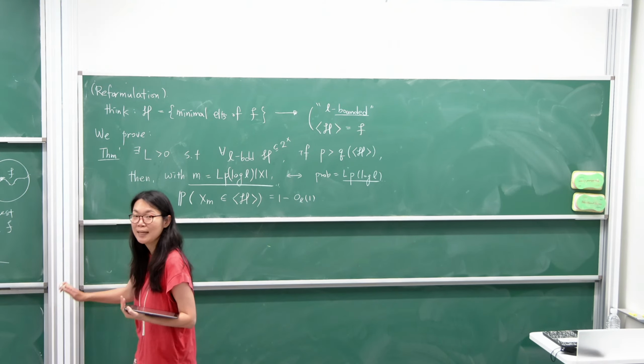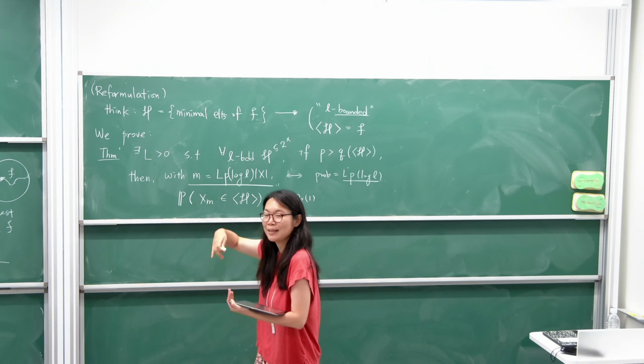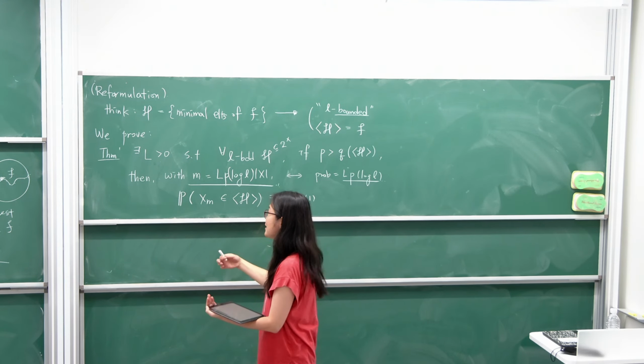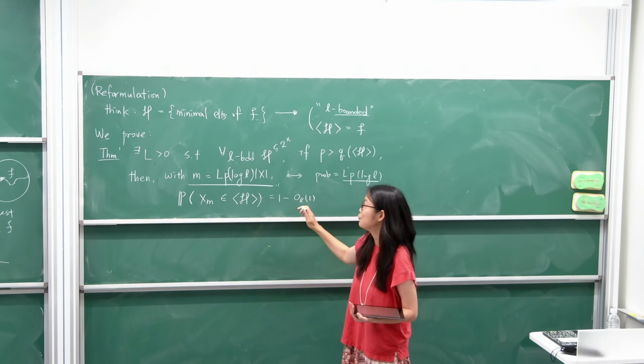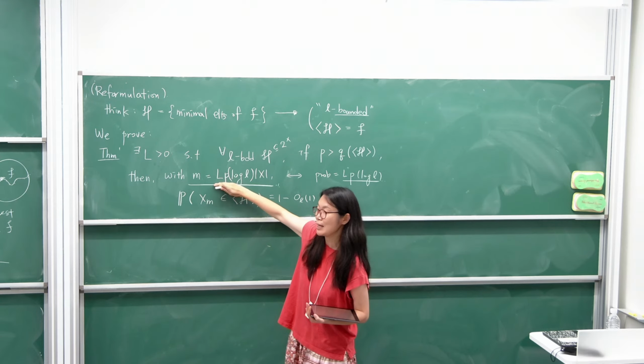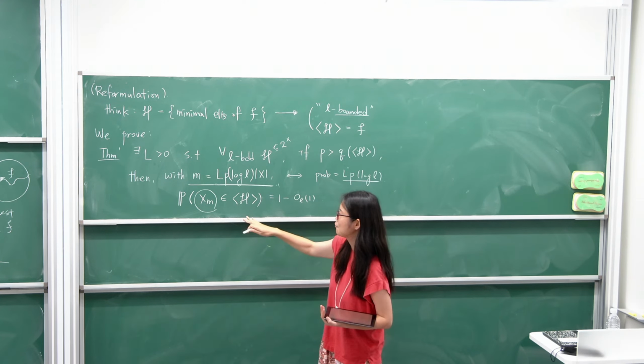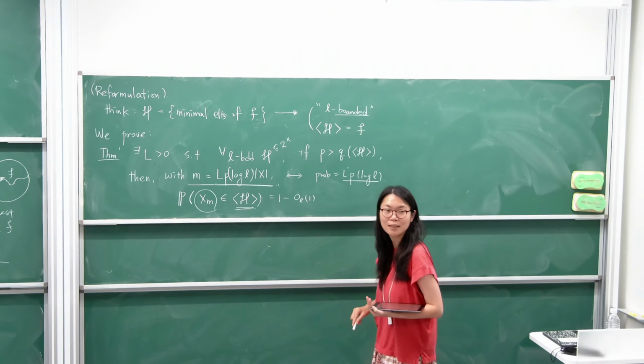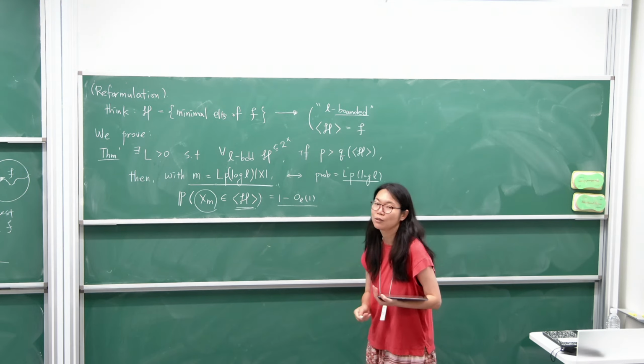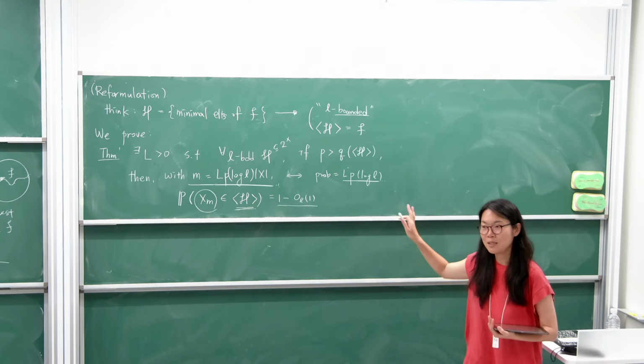So we want to say that if we are above something, then something is very likely. That's exactly what's written here. If we are above this range, then it's very likely that our random object satisfies the given increasing property, and the probability is very close to 1. That's the meaning of this reformulation.